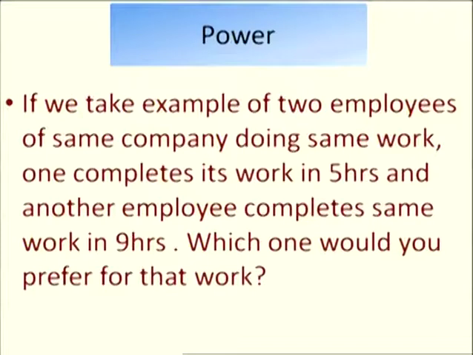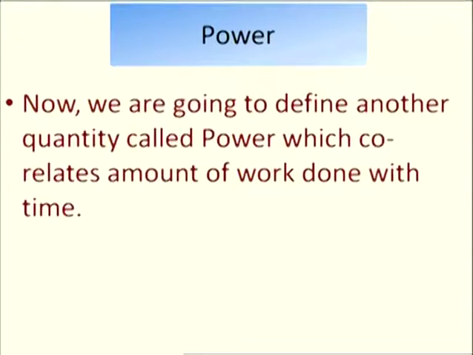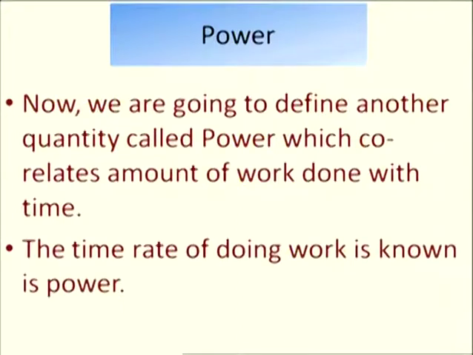So now meaning of power must be clear to you. Now we are going to define another quantity called power, which correlates amount of work done with time. The time rate of doing work is known as power.